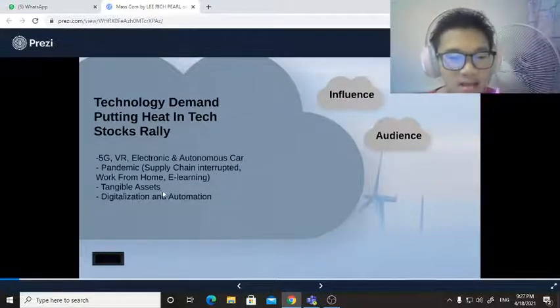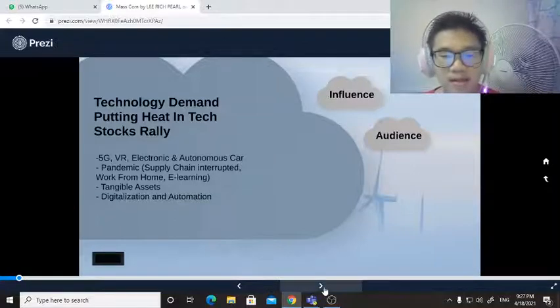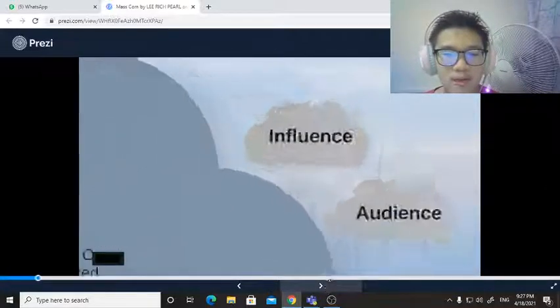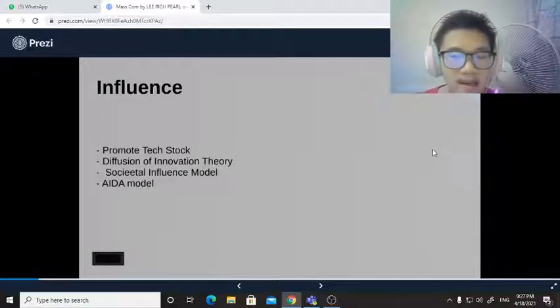They have intangible assets, digital assets, so they could be more valuable compared to before. Currently digital life and automation are a trend. Therefore, semiconductors are needed, which pushes the stock price up. The influence of this newspaper article is to promote tech stock from the recruiter and other advisors.